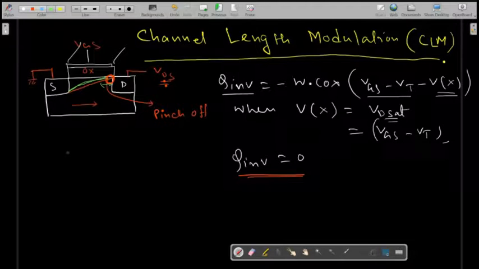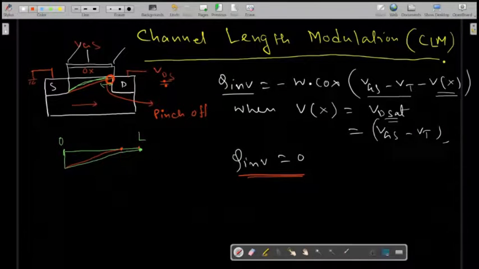Suppose previously it was 0 to L. I'm just drawing the shape. Previously the channel was like this, but when you increase the value of VDS, the channel shifts like this. After this point it is 0.